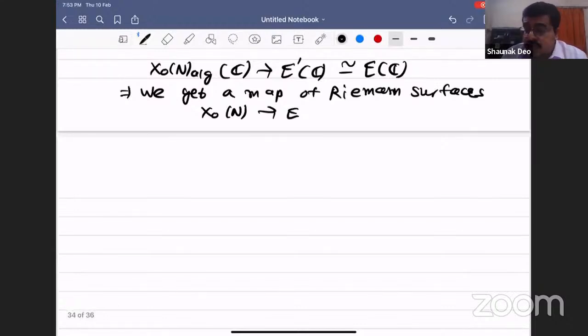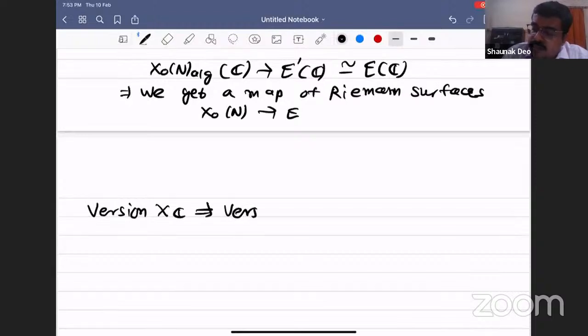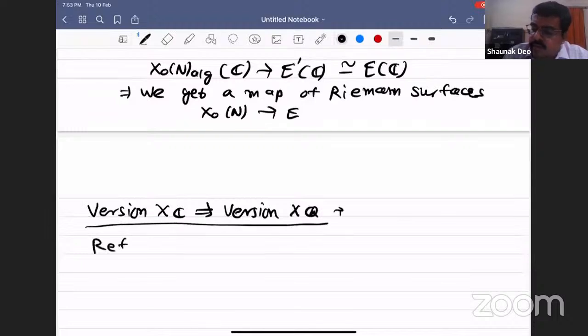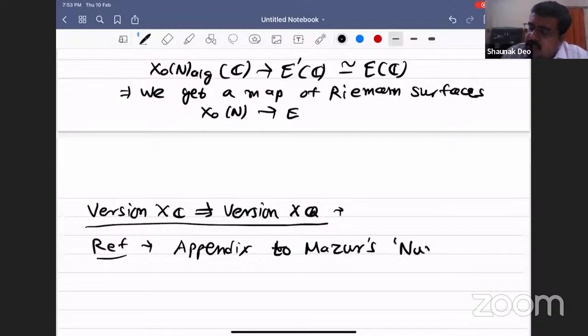And the other version is, in fact, even more difficult. Version X_C implying version X_Q. This is a bit more difficult, so I'll give you a reference. The reference is the appendix to Mazur's beautifully written article, Number Theory as Gadfly.